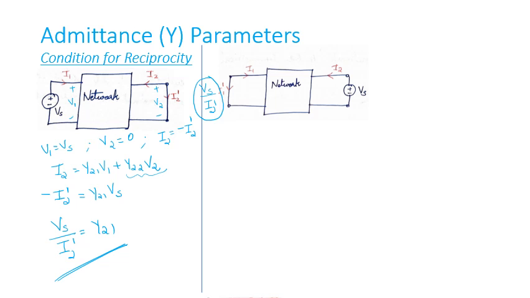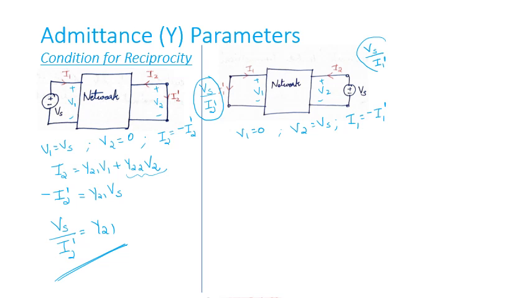Now let's move to the second case where excitation and response are interchanged. From the diagram, it is clear that V1 is 0 and V2 is Vs and I1 is minus I1 dash. Here, excitation is Vs and response is I1 dash.